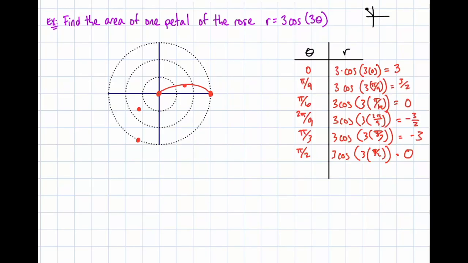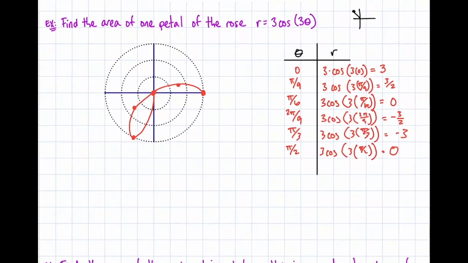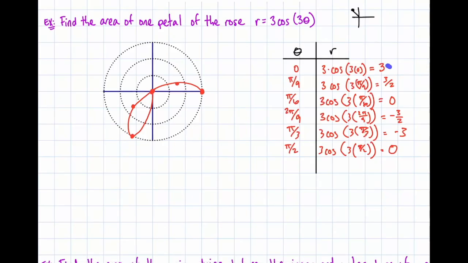So here's my graph. It goes here, it curls around, it comes down here, and then it curls back to the origin. We can kind of see a pattern evolving here with like a 3 halves, 0, negative 3 halves, negative 3, 0. So I'm thinking I'm going to stop doing this because it's just going to take too much time. So I've gone here, here, here, here. I'm going to wrap back up around here.